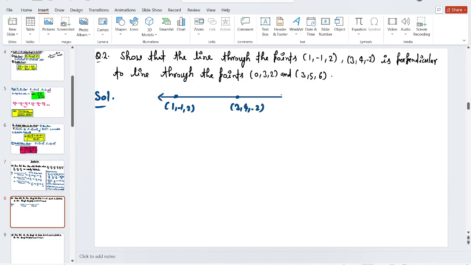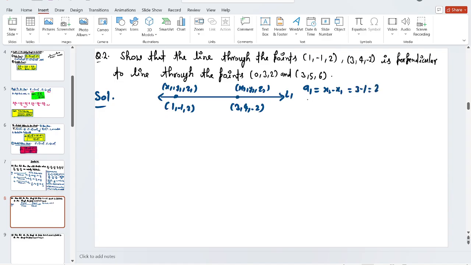Suppose this is the line L1 and its direction ratio? We know that this is x1 comma y1 comma z1 and its other point is x2 comma y2 comma z2. So suppose a1 b1 c1 is its direction ratio. So a1 equal to what? Simply x2 minus x1.